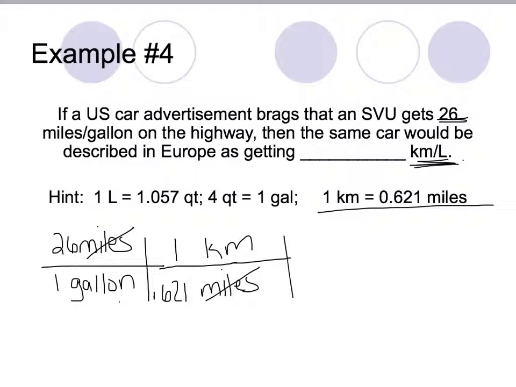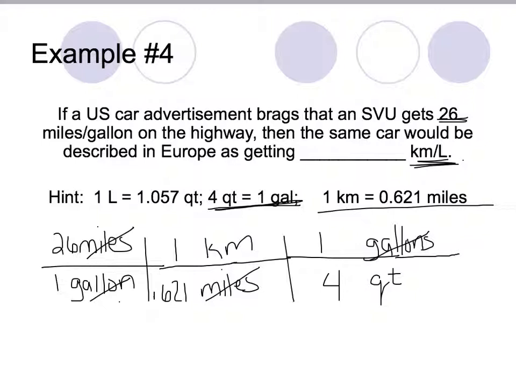I've got gallons. I want to get rid of gallons. So the only thing is I can put gallons here on top. Do I have a conversion factor with gallons? Sure. I have gallons right here. Gallons to quarts. So I know that 1 gallon is 4 quarts. And I'm still not looking for quarts, even though gallons and gallons have canceled out. Now I'm at kilometers per quart. I want kilometers per liter.